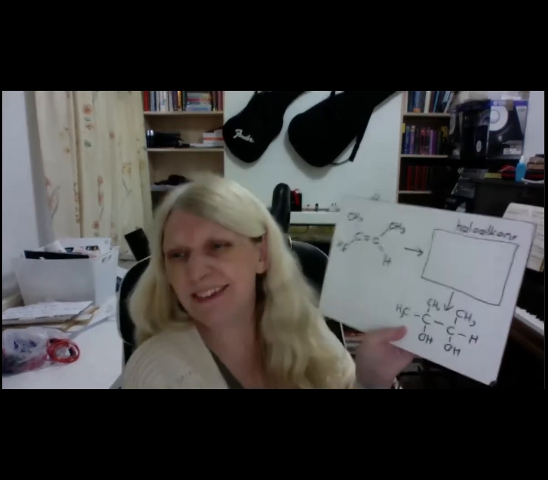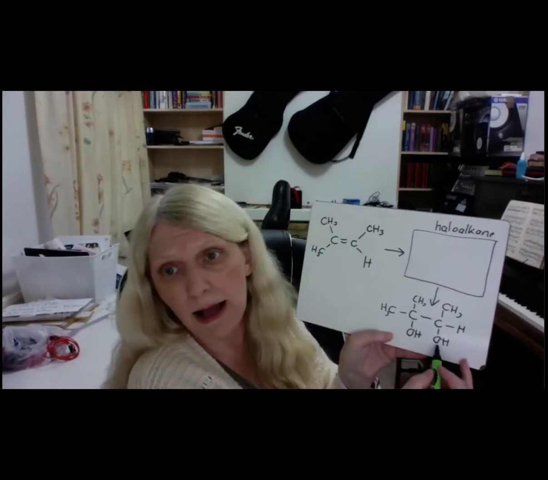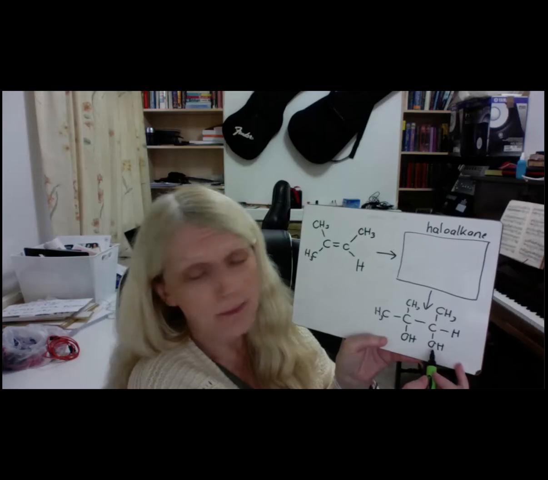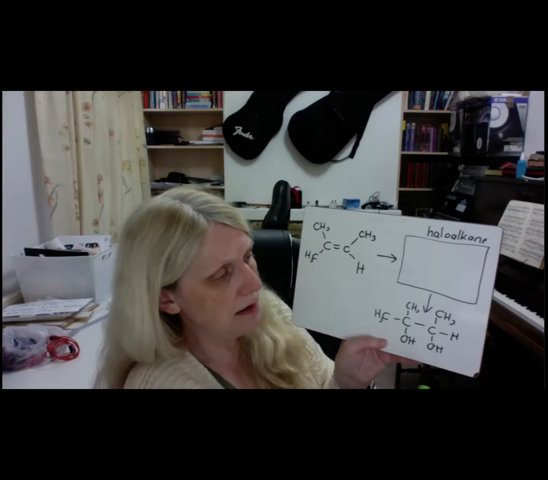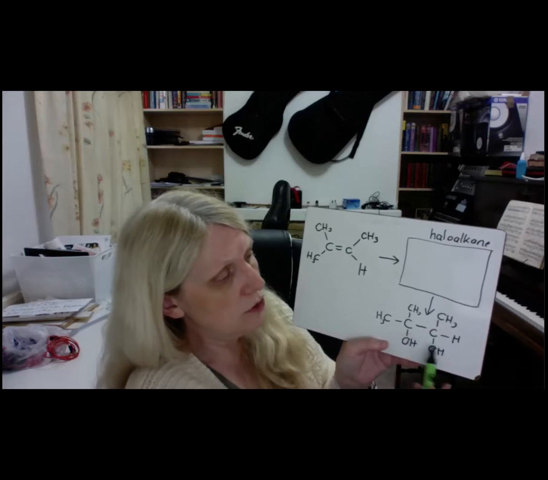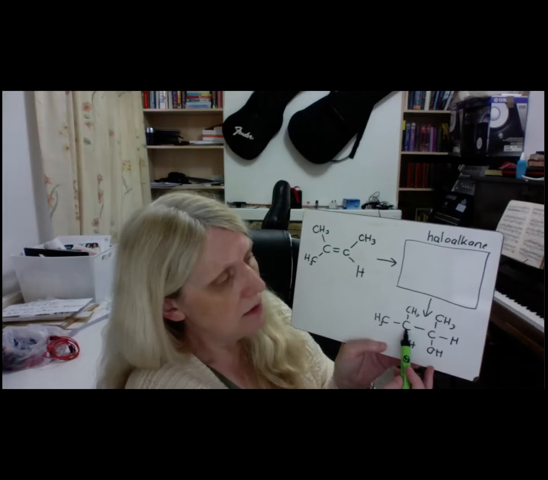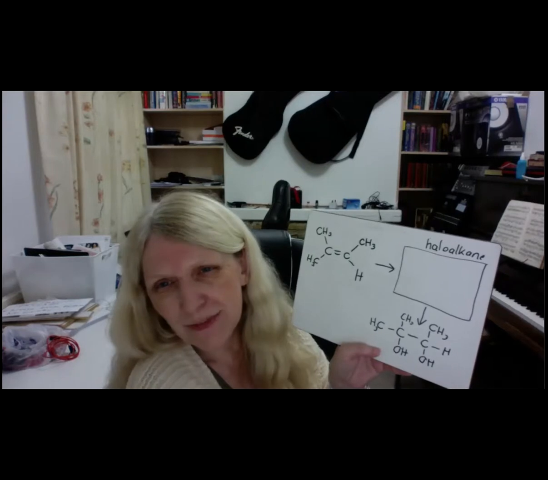Now, you should be able to see that I've actually got 2 alcohol groups here. This is a diol, okay? So how would we name that? 1, 2, 3, 4. So it's butane. And I've got 2 ols. So it's butane-2,3-diol. Okay, so that's what we've got here.